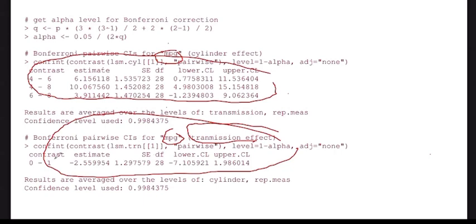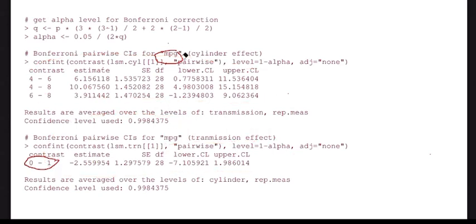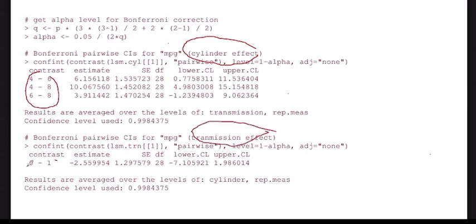Why do we have one pairwise comparison for the transmission factor, where for the cylinder we're having three comparisons, but for transmission we only have one comparison? Can somebody tell me why?